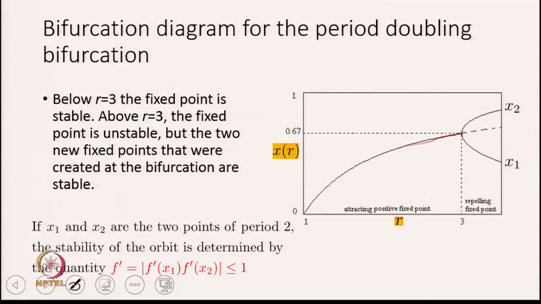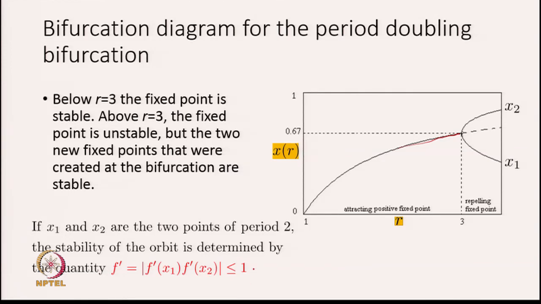And these 2 points are such that the product of the slopes at these 2 points tells you the stability of the period 2 orbit, and just at the bifurcation and a little above it, the product of these two is less than 1.